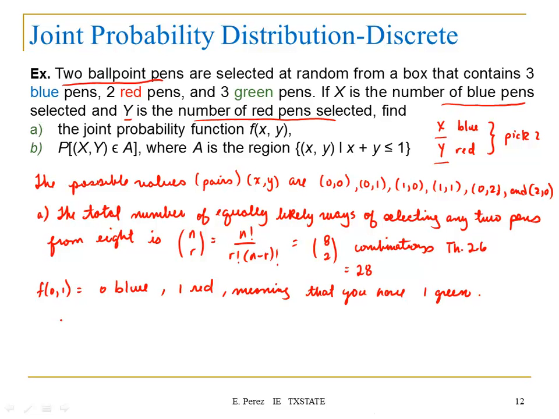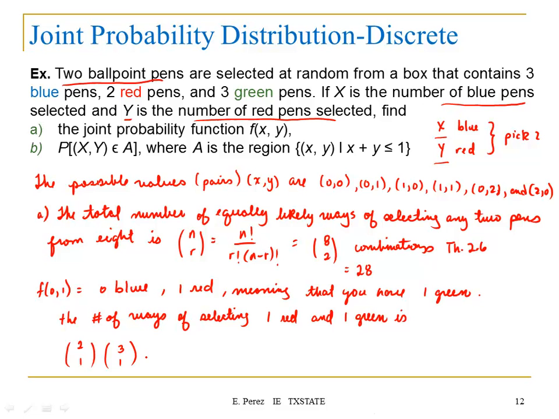So the number of ways of selecting one red and one green is: from the 2 reds you select 1, and from the 3 greens you select 1.